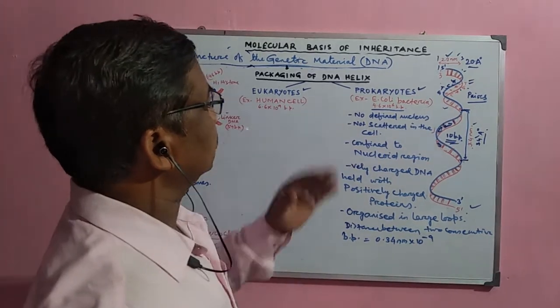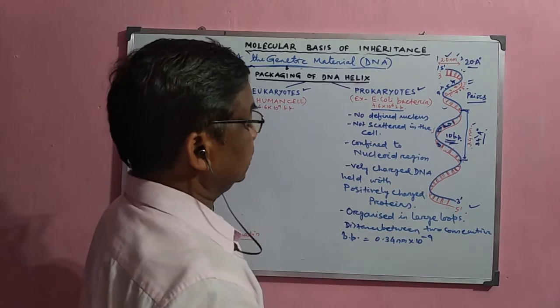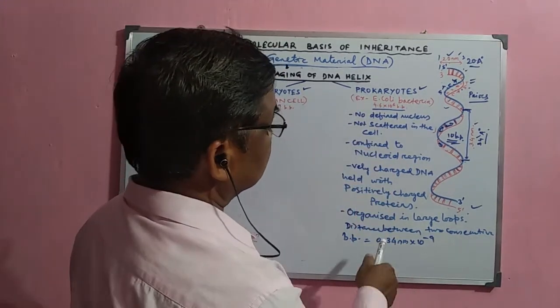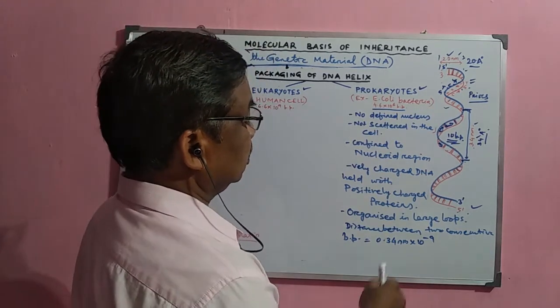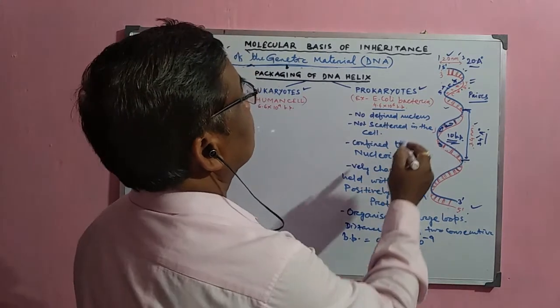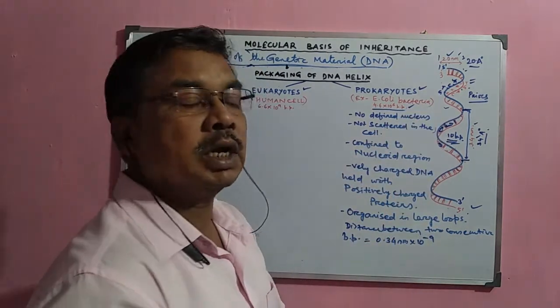Now, what is the total length of the E. coli DNA? When we multiply the number of base pairs with this distance, we will find the total length of this DNA helix.